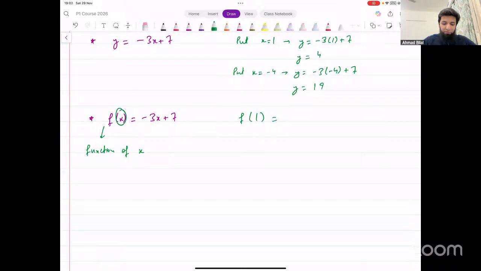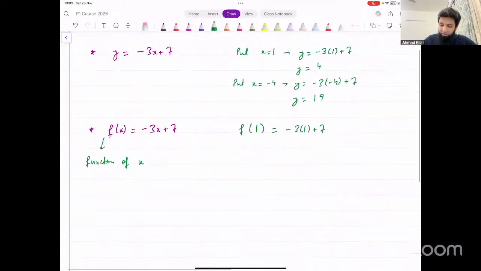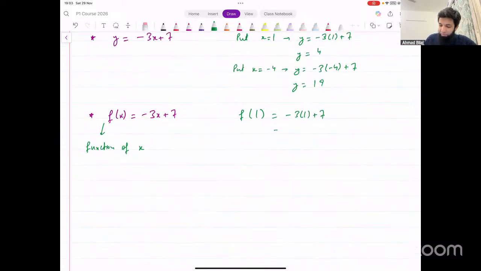So in place of x in this function, you input 1. So f of 1 equals minus 3 into 1 plus 7, and that simplifies to 4. So f of 1 equals 4.